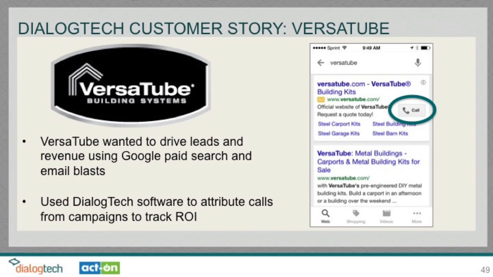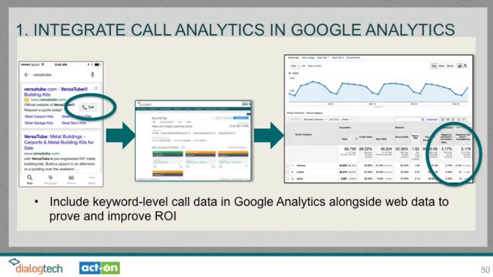They wanted to generate more conversions and more online revenue, but they wanted to be able to capture that call component as well, since most of the time someone becomes a customer, they do it through calling, and they use DialogTech to help them do that. So as I said, first they integrated their paid search campaigns and their email campaigns with DialogTech to be able to track the keyword level call data.